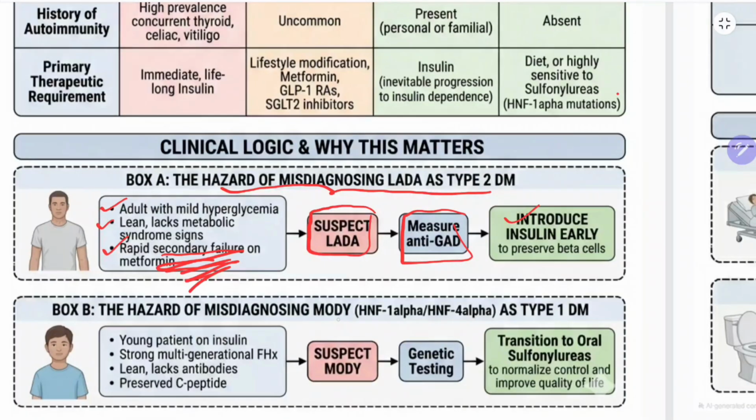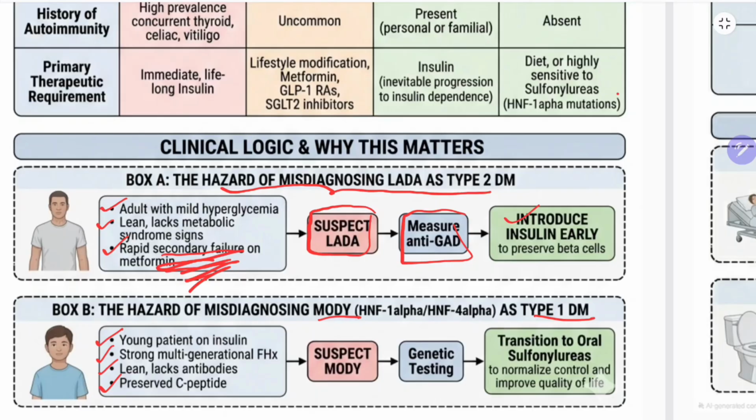Now, hazard of misdiagnosing MODY as type 1 diabetes mellitus. So young patient who is on insulin, strong multi-generation family history, at least 3 generations, lacks antibodies, and there is preserved C-peptide. So C-peptide is also an important thing which helps us to distinguish. C-peptide and treatment also help in distinguishing, along with family history, autoimmune history, antibody history, age, body habitus.